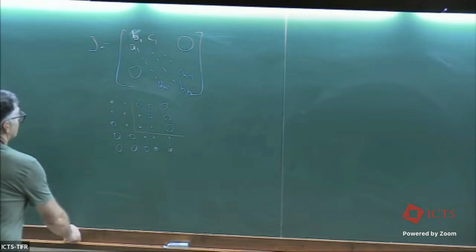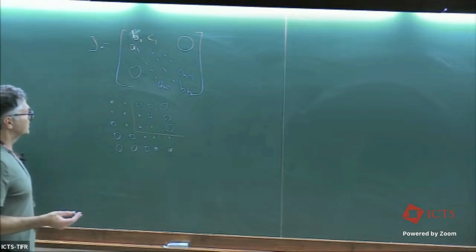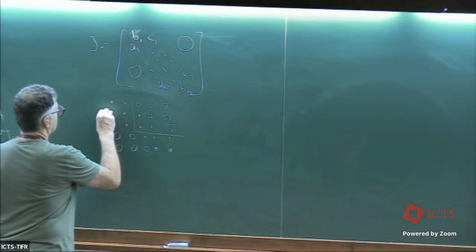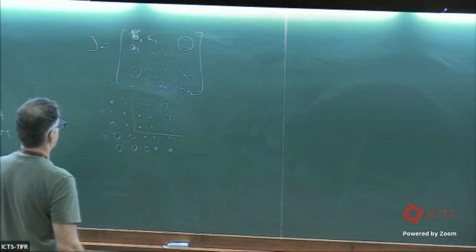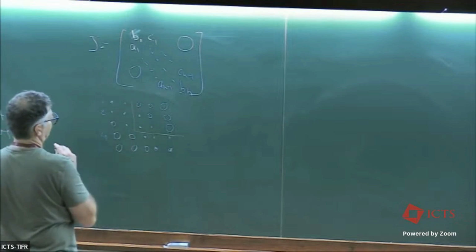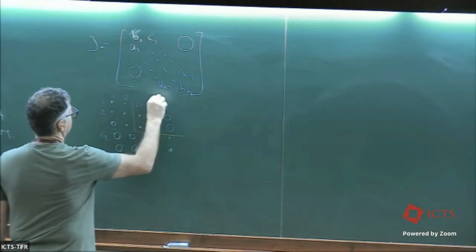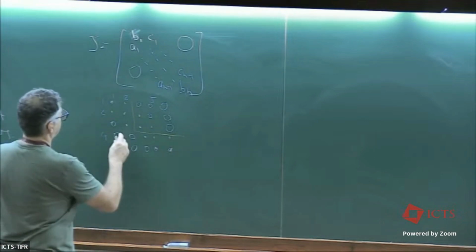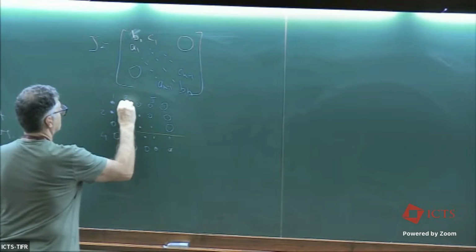Let me try to indicate a minor which is not like that, and let's see what's going to happen with it. I'm going to take rows 1, 2, 4 and columns 1, 2, 5, and let me mark things in blue.